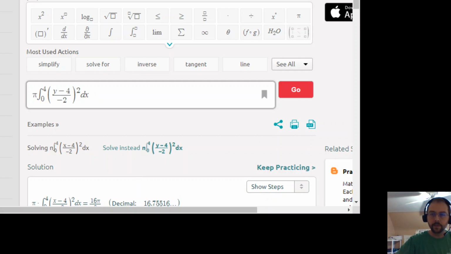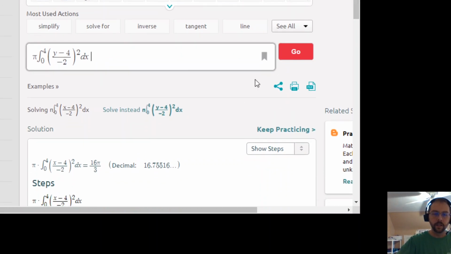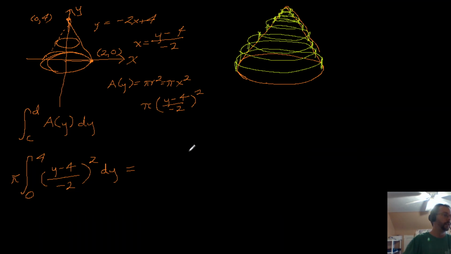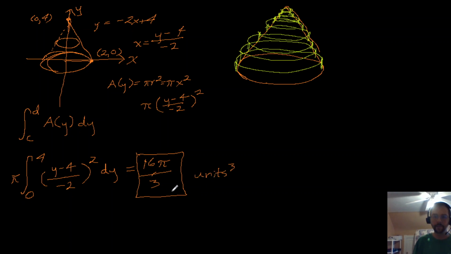So this should be our solution. 16 pi over 3. And then of course it's volume, it's units cubed. Whatever our units are, I didn't pick any. So this is another application of integration.